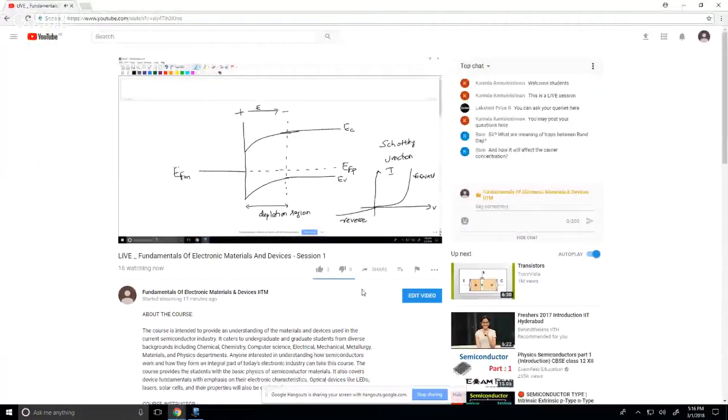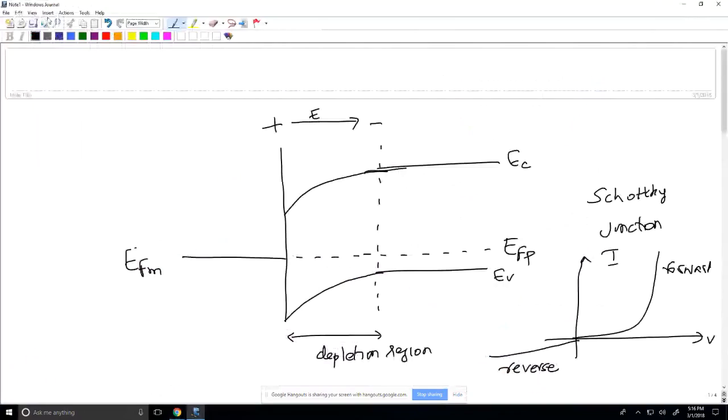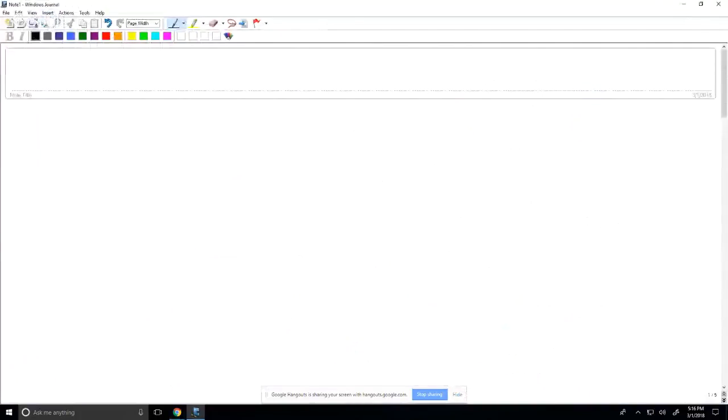Whenever I draw energy diagrams for semiconductors, I just draw this: this is my valence band, this is my conduction band, and this is my band gap. This kind of diagram is something that we draw for an ideal semiconductor. When we say ideal semiconductor, there are absolutely no defects within the material, so there are no trap states.